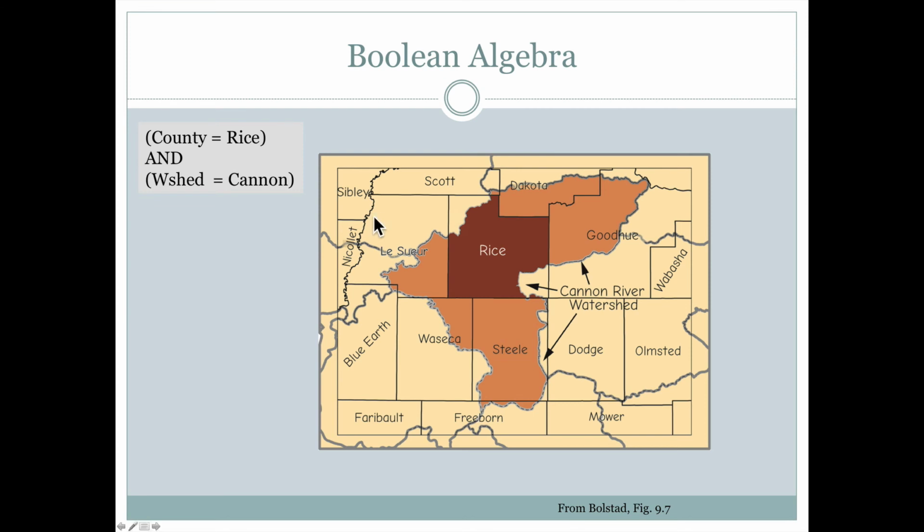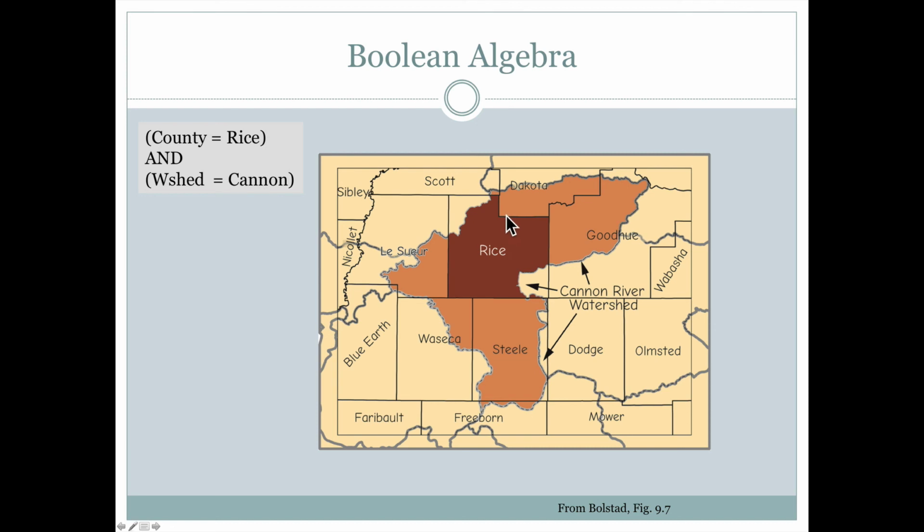Here's an example where we have two different things on this map. One are the county lines, and the other is this entire really dark orange area, which is the Cannon River watershed. So if we wanted to select just the area in darkest orange here, that brownish orange color, we would say the county has to be Rice County and the watershed has to equal Cannon.